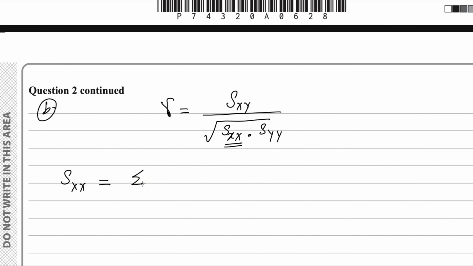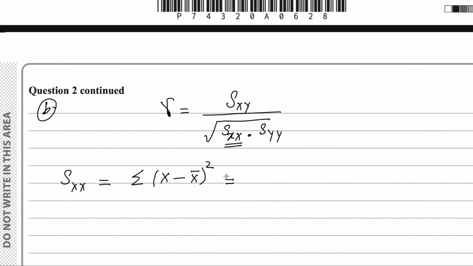One is the sum of the squares of deviation from the mean. x minus x bar is called the deviation from the mean. If you square this, you read it as the square of the deviation from the mean. So overall the definition is: the sum of the squares of deviations from the mean. That is one formula for Sxx. In the same way you can make the formula for Syy and for Sxy. But here we need to find only Sxx.